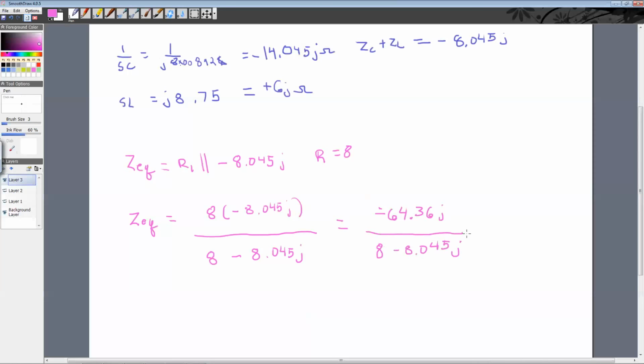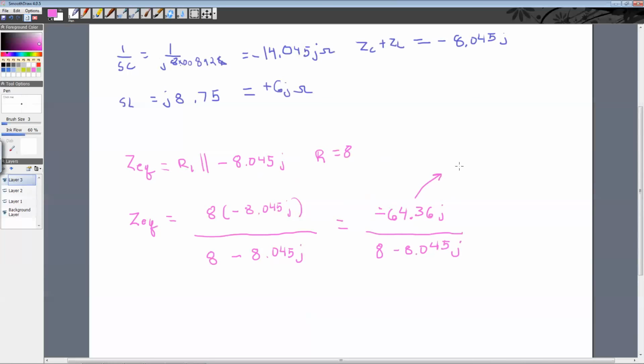Now, I'm sure you could just plug this into an imaginary number calculator. I guess I always do it out and try to draw little pictures of what I'm doing, because it's really easy to make a mistake. So when you're adding, you use Cartesians. When you're multiplying, dividing, you use polar.